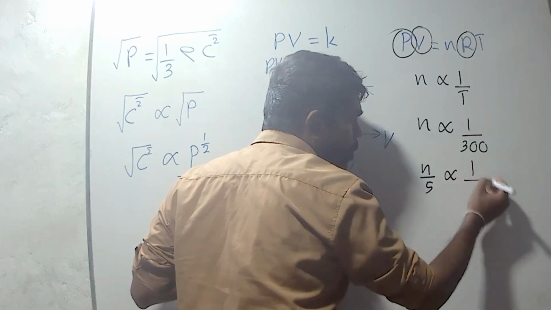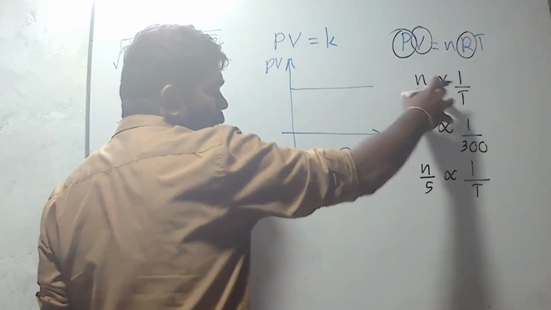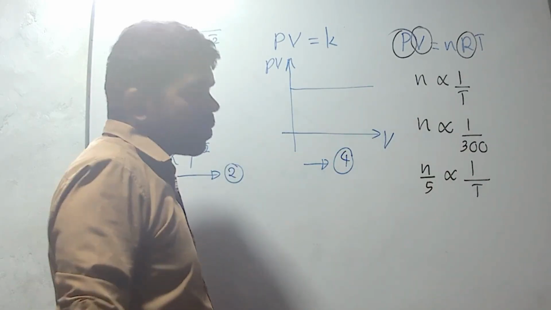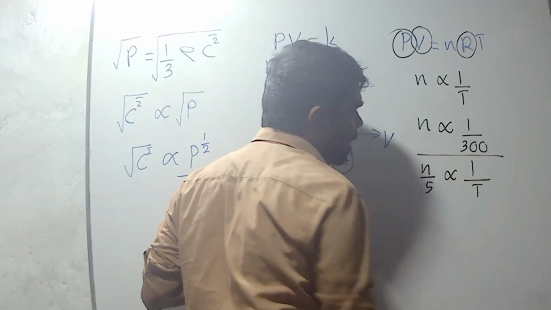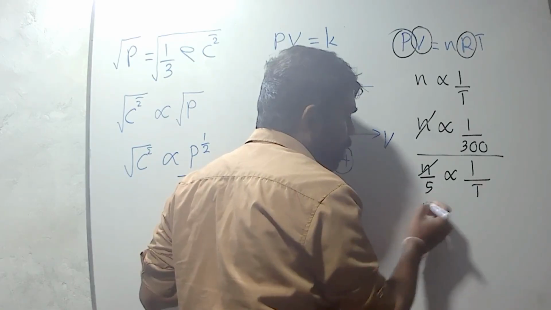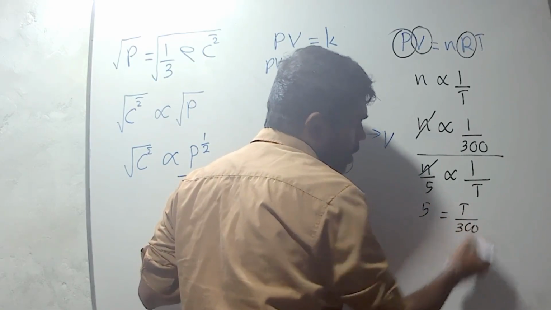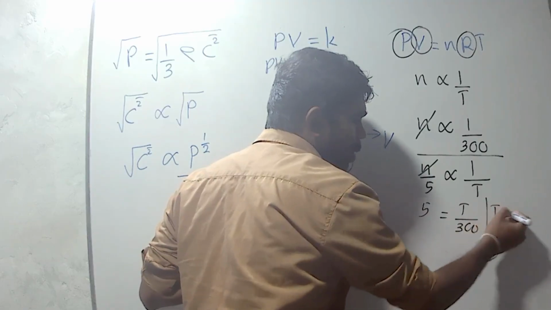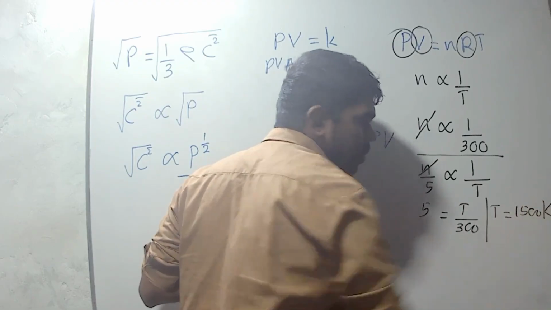I will consider the new temperature as T. Now there are two relationships. We can divide to obtain the T value. Then n is cancelling. 1 divided by 1 over 5 means 5 equals T over 300. Then we can obtain the T value: 300 times 5, 1500 Kelvin.